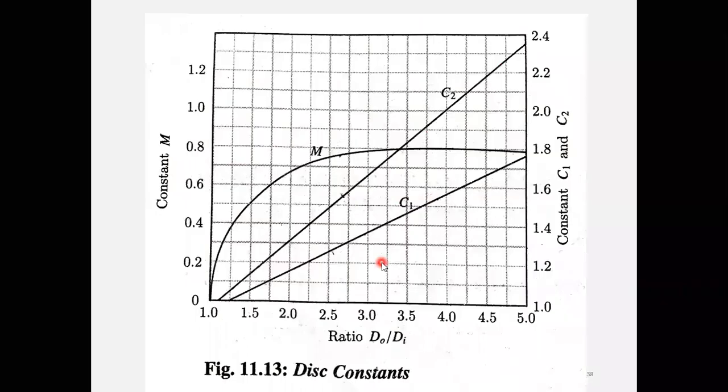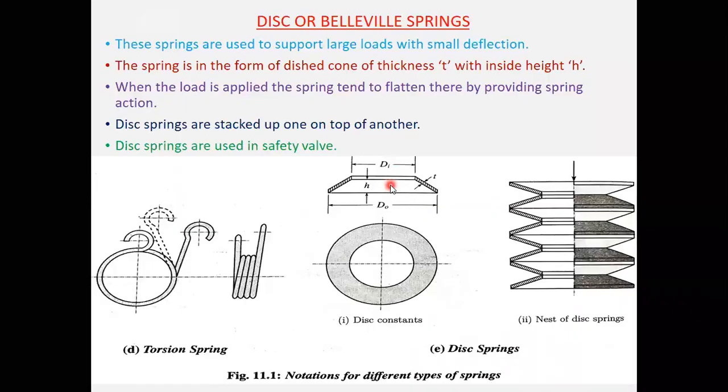And after that, last he has asked to calculate the load for flattening the spring. As I told you, whatever the load you apply, the deflection you observe on the disc spring is very small.